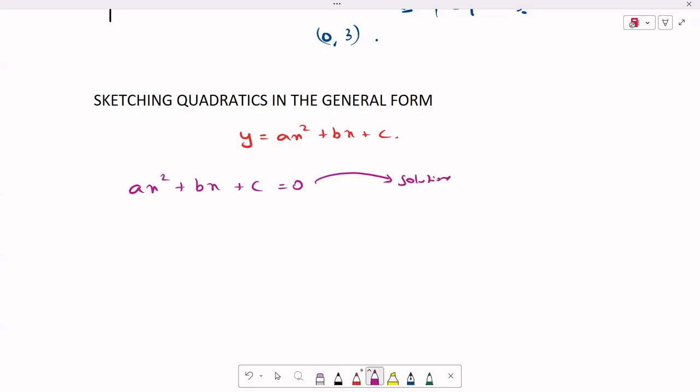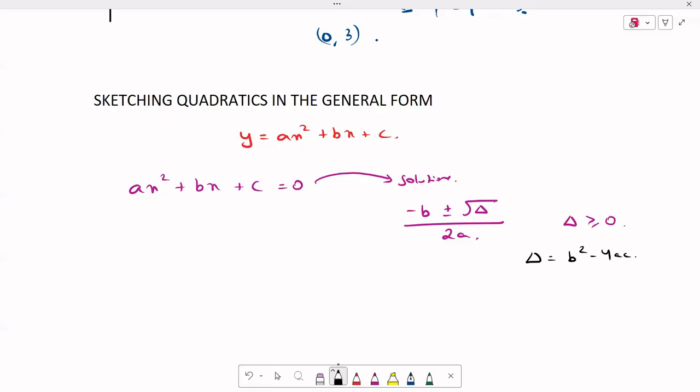And the solutions of this particular quadratic equation will be minus b plus minus under root of determinant upon 2a. This value will exist. The solution to this quadratic equation will be called an x-intercept if and only if the value of determinant is greater than or equal to 0.